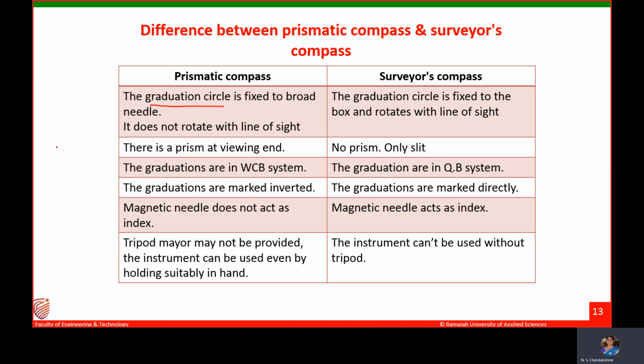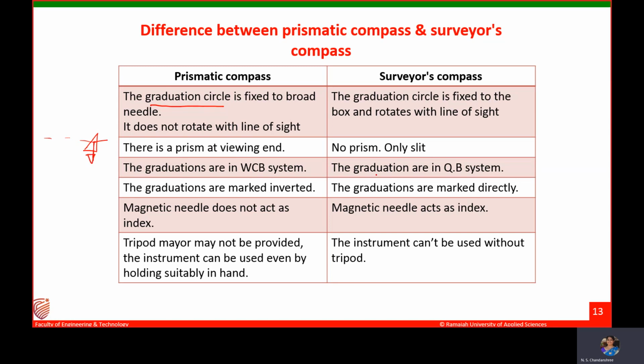Then the next difference is there is a prism at the viewing end. We have seen in the previous slides that there is a prism fixed at the eye vane. This prism is not present in a surveyor's compass. In a prismatic compass, the readings are marked on the graduated scale, so one has to view the object and then take the readings.